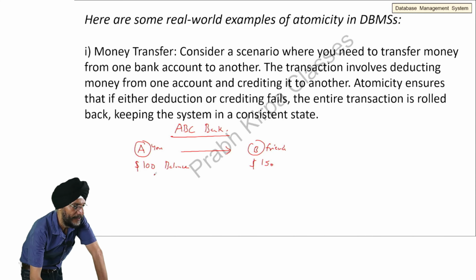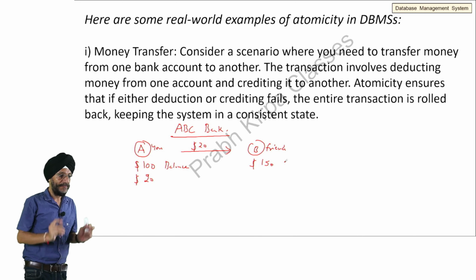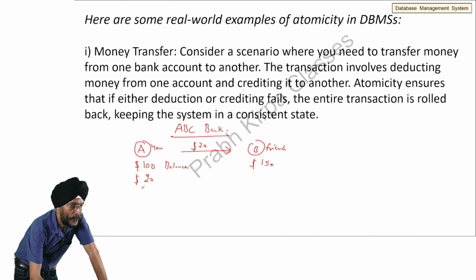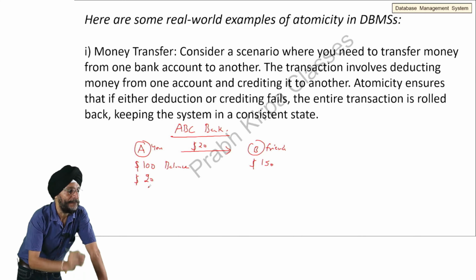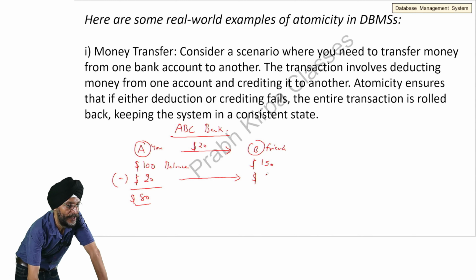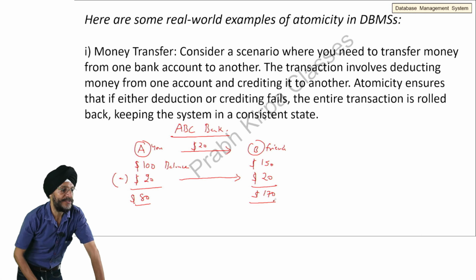Now you want to send, say, $20 to your friend, who is having an account in the same bank. So now what will be done by the DBMS? It will deduct $20 from your account, and this $20 will go to the account of your friend, and his balance will increase to $170.